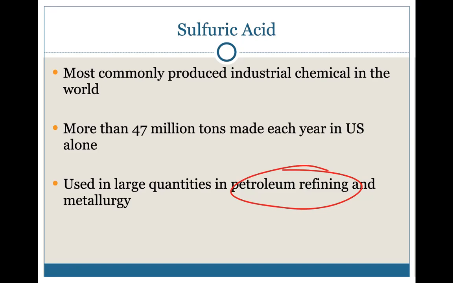Metallurgy is basically anything to do with metals, whether it's cleaning the inside surfaces of metal machines or whatever. Sulfuric acid is also used in manufacturing fertilizer, which is important, of course, for the agriculture industry.